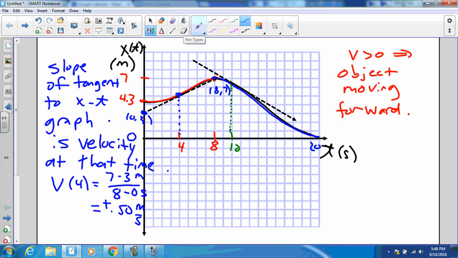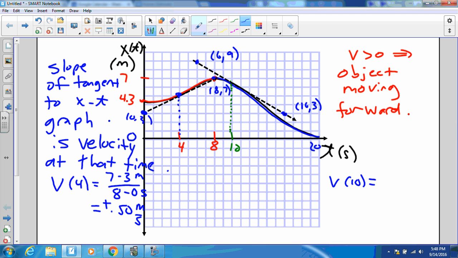Now that we've drawn that tangent line, we can pick a couple of points on the tangent line. This point is 16, comma 3. And this point right here is the point 6, comma 9. Just like that.